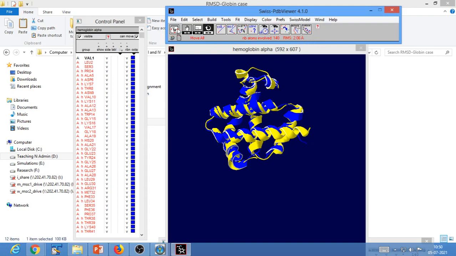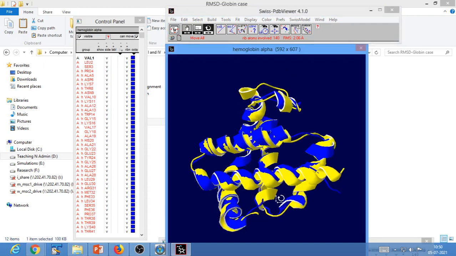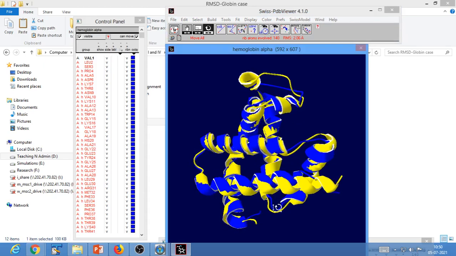In this way you can infer the structural similarity between two proteins and quantify it in terms of this RMSD. This is what we call computing RMSD, performing structural superimposition or structural alignment.